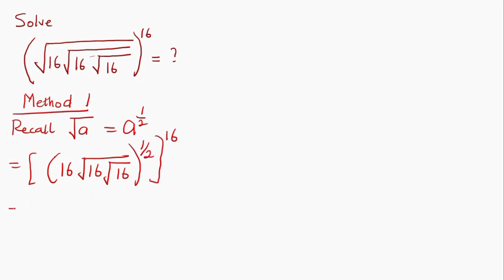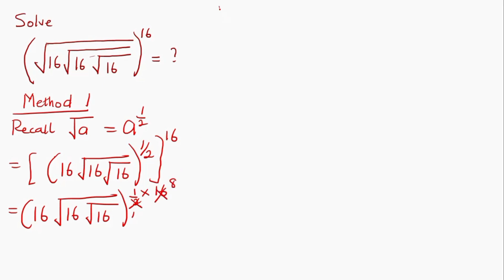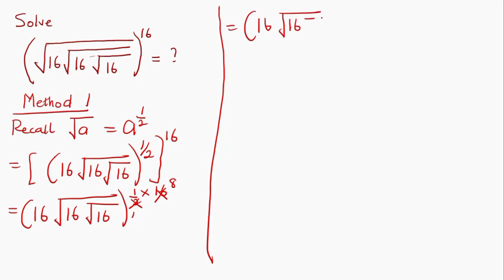And with this we have that 16 to the root of 16 is equal to 1 over 2 times 16, whereby 2 here is 1 and 2 here is 8, and therefore we have 16 raised to the power of 8, because 1 times 8 is 8.